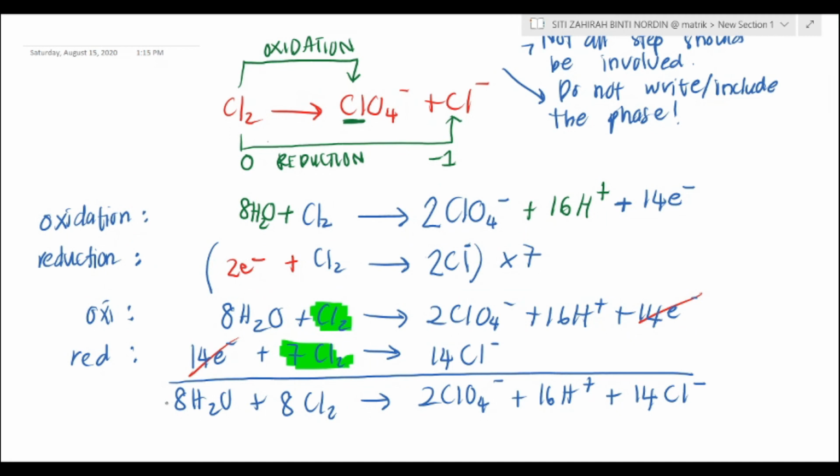How many moles of hydroxide do we need to add? There would be 16 OH minus, for both sides.